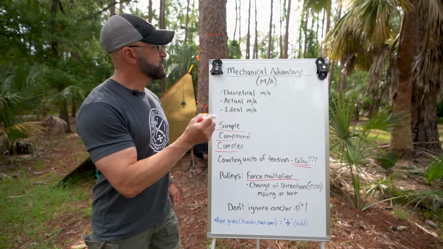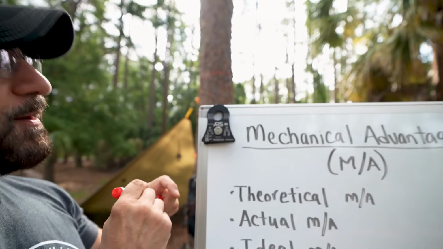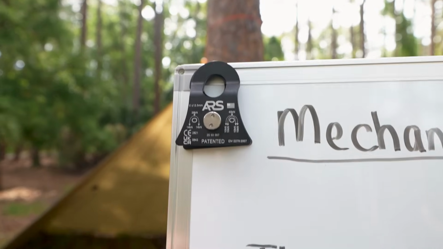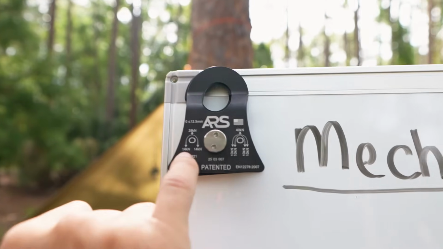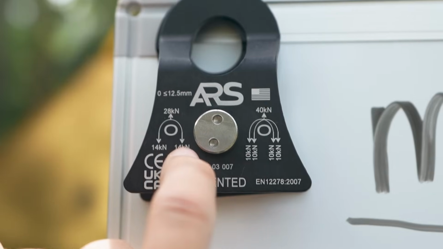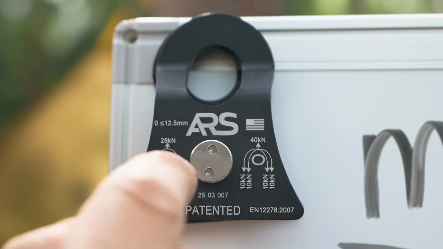As we look at this pulley right here, our favorite ARS pulleys, you can see on this pulley, it shows a diagram. It shows that if I was to pull on this right side of this pulley with that rope, there's 1 unit of tension.